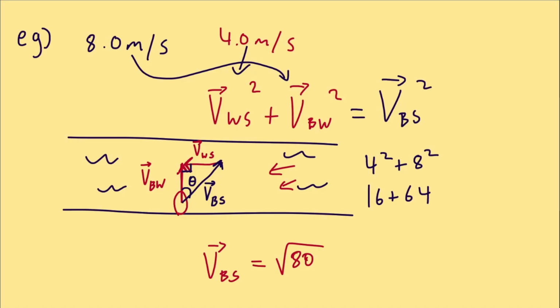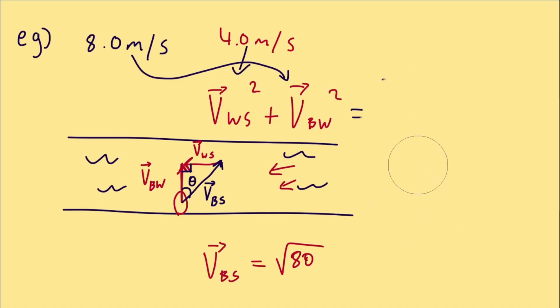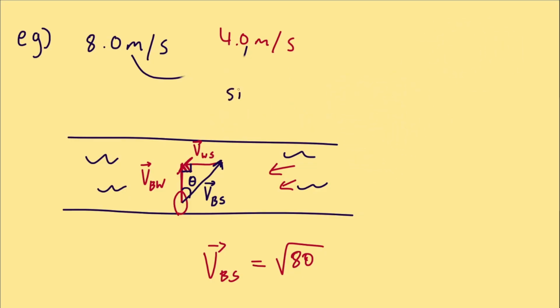We're looking for the angle. So let's go and use this value with trigonometry to find the angle that we need to drive our boat at. And we're going to use sine. You can use cosine if you want, but in this example, I'll use sine. So as you know, sine is opposite over hypotenuse. The opposite side is 4 meters per second, because that's the speed of the water right here.